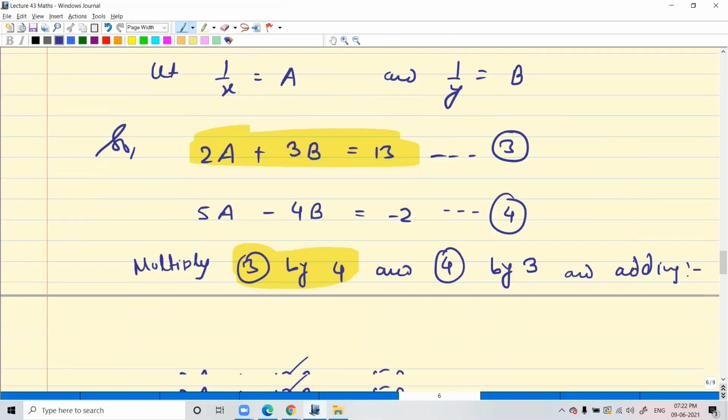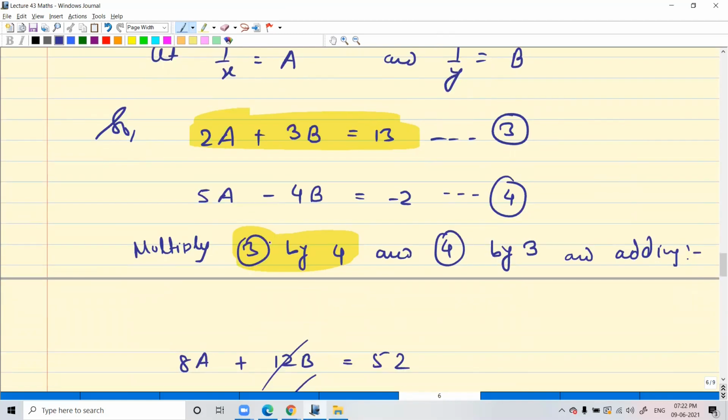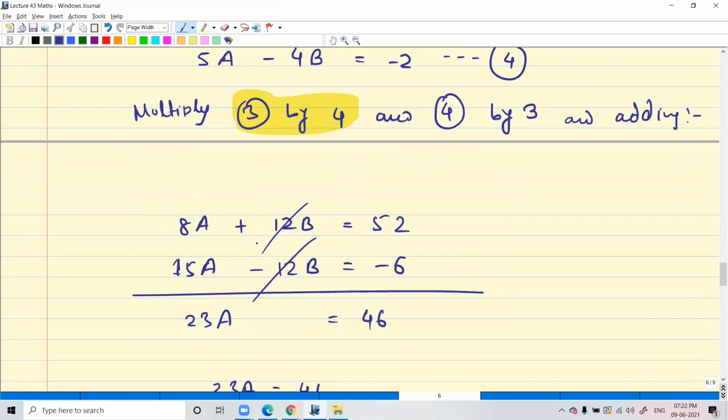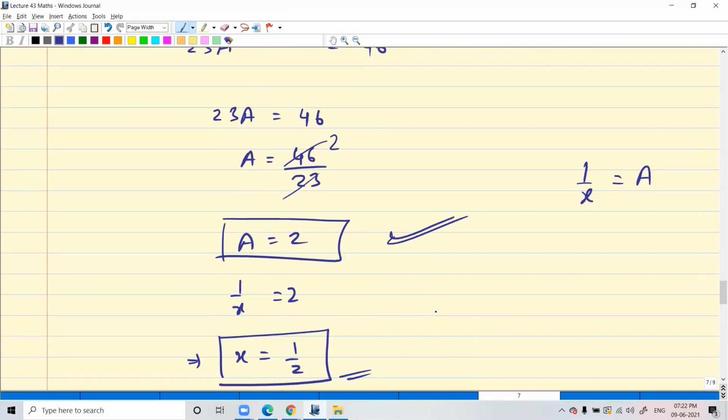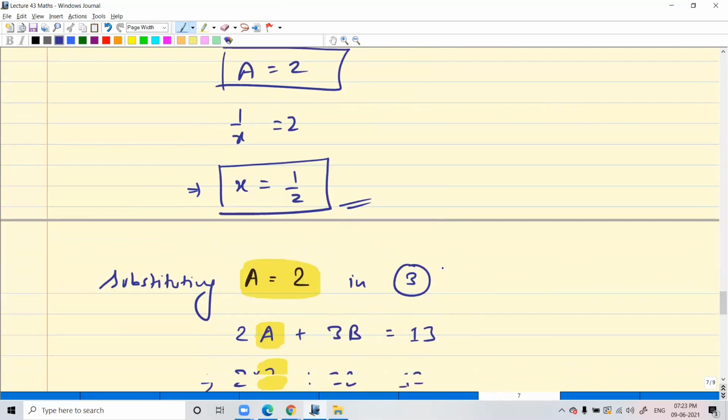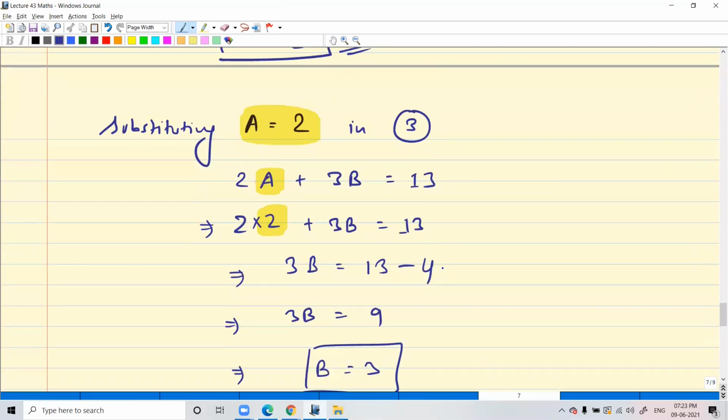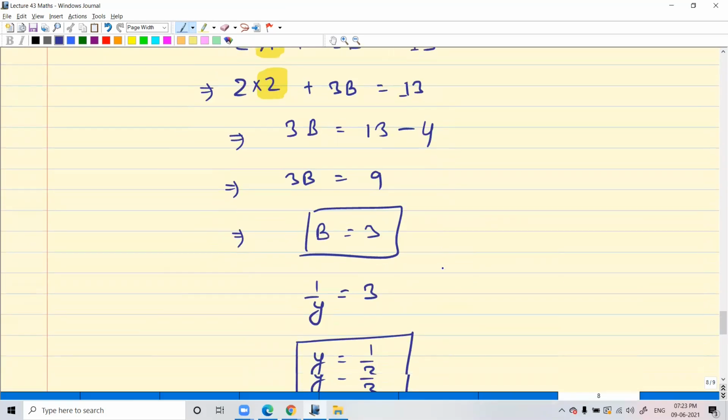Then I simply used the elimination method to eliminate b. And then we found the value of a to be 2. And once we know a value, we can find the 1 by x value, and then x is equal to 1 by 2. So everyone understood this? Confirm, all of you? Yes, sir. Okay.